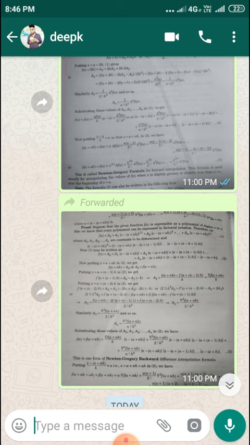Suppose f(x) is expressible as a polynomial of degree n. Expansion is f(x) equals a0 plus a1 (x minus (a plus nh)) to the power 1 plus a2 (x minus (a plus nh)) to the power 2 plus ... an (x minus (a plus nh)) to the power n.